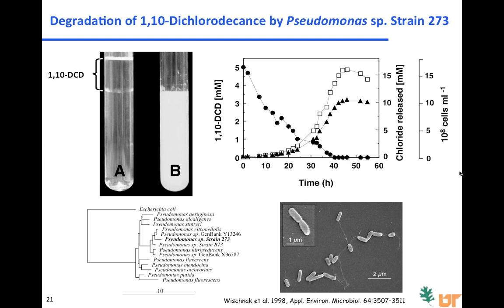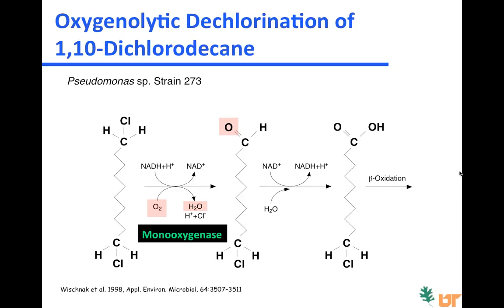In the next slide, you see how this works. So you see 1,10-dichlorodecane. You need oxygen, and the chlorine is cleaved off and replaced with an oxygen. And then the aldehyde group is oxidized to a carboxylic group. You basically have a fatty acid, which is degraded by a well-known mechanism called beta oxidation. That's how the organism gets carbon and energy.